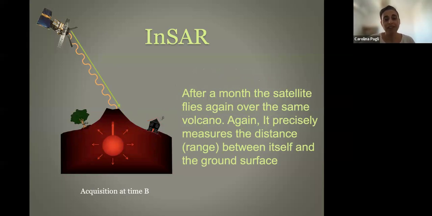In this example, our potential volcano has inflated. Say it has received some inflow of magma from depth, and in response, the Earth has inflated and bulged up. So the satellite makes the exact same measurement, but this time, because the surface of the Earth has moved, the distance that the satellite measures will differ.